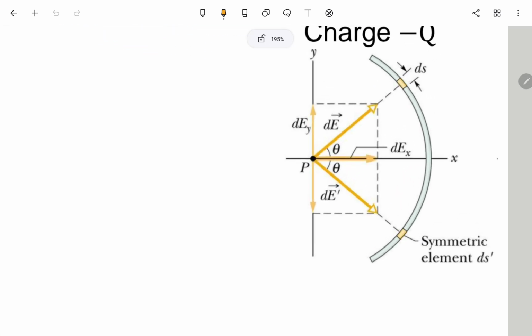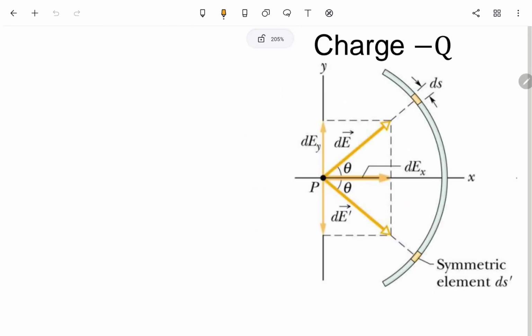So for this figure we try to cut it into small segments. Like this one will be ds, and then we can also find the symmetric part ds prime, which is symmetric about the x-axis, so that ds will generate dE.